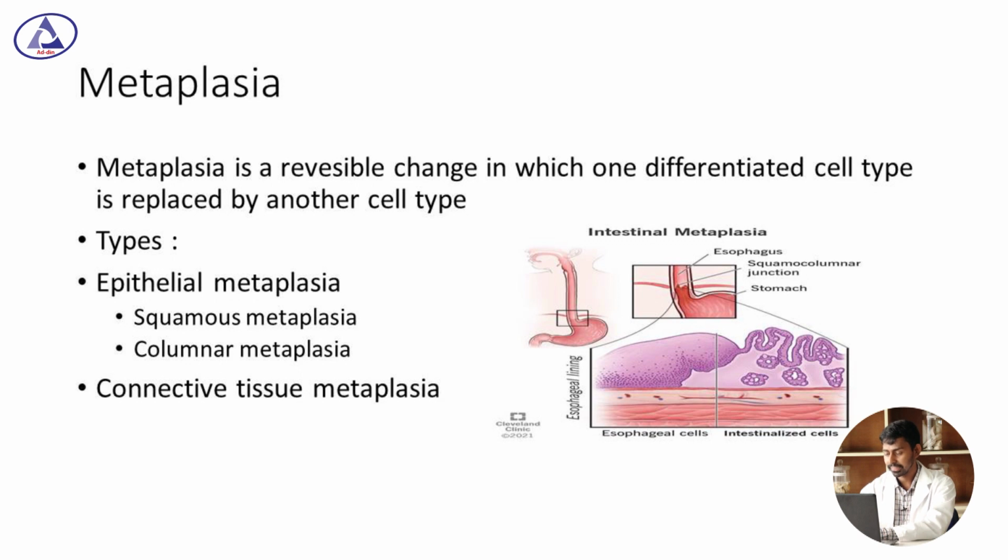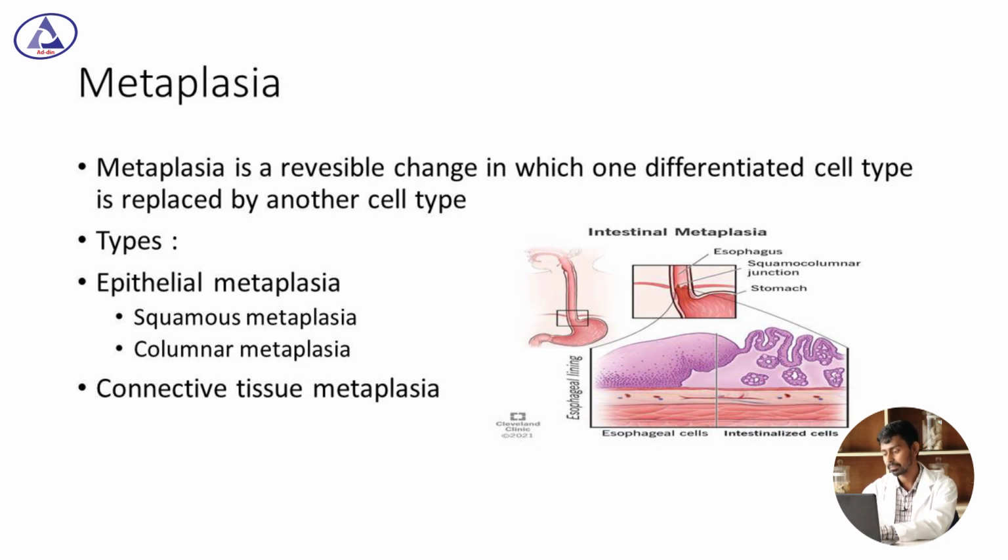Now I am discussing the most important topic, metaplasia. Metaplasia is a reversible change in which one differentiated cell type is replaced by another cell type. Types of metaplasia: epithelial metaplasia and connective tissue metaplasia. Epithelial metaplasia includes squamous metaplasia and columnar metaplasia.